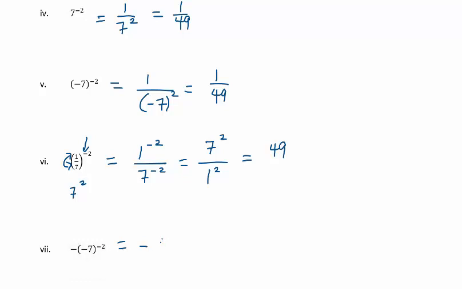So that was 1 over 49, because it was 1 over negative 7 to the positive second. So negative 1 over 49. And then don't forget that negative, the very first negative, changes the sign of whatever your answer was. So the final answer is negative 1/49.